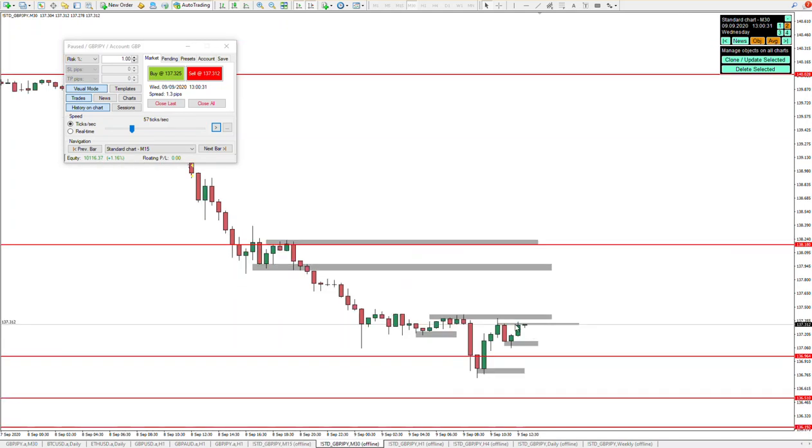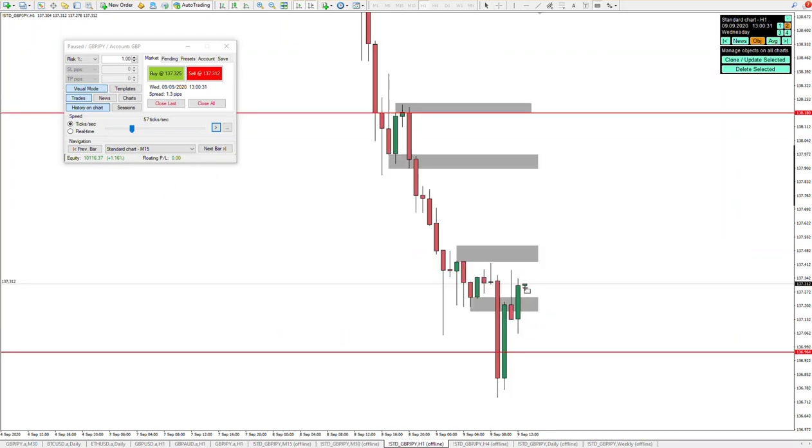And M30 closed bullish, but at the resistance. H1 closed bullish, made a higher support, which is quite important. This candle broke this resistance, broke the support, which is quite interesting.